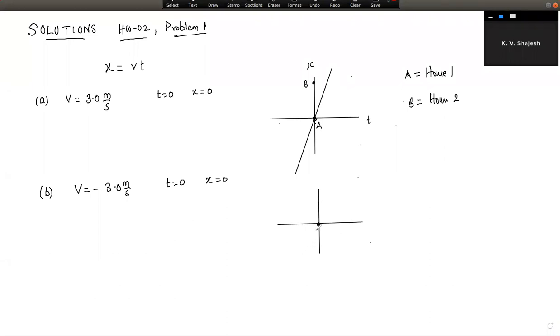But for large positive time t, because v is negative, minus 3, this is going to be a negative number, so it's somewhere in the fourth quadrant. And for large negative time, this becomes a positive quantity, so it's pretty much similar to what we had earlier, but now the slope is in the opposite direction.